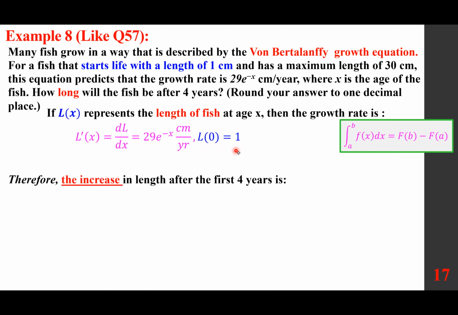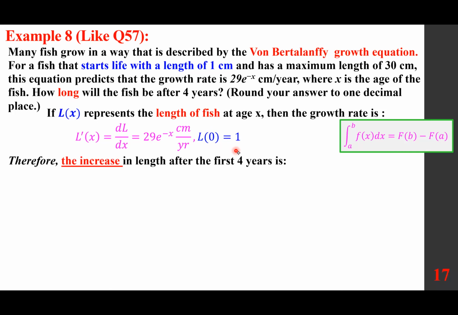Therefore, the amount of increase in the first 4 years would be the integral of this piece, of course, with dx from 0 to 4. This is the amount of increase.